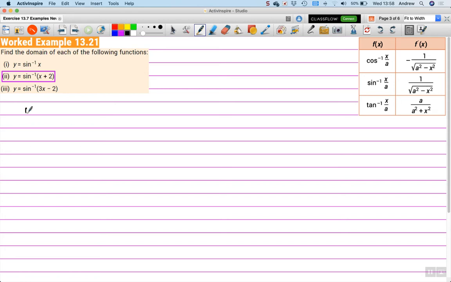So we've got y is equal to the inverse sine of x plus 2. Over here, we're going to copy out the formula from the formula book, and we're going to write down, well, y is equal to the inverse sine of x over a.